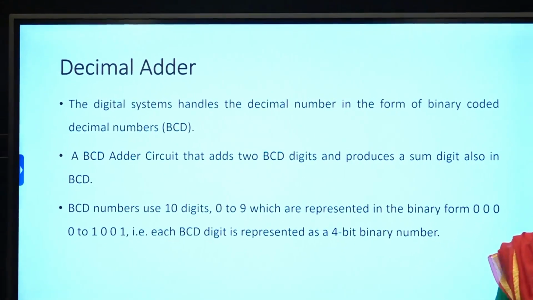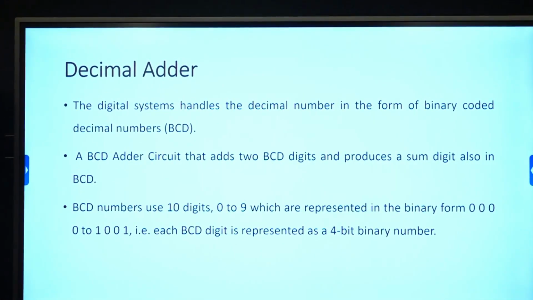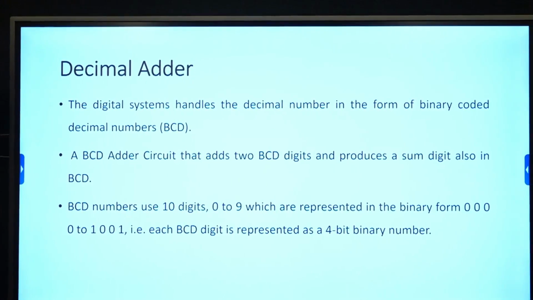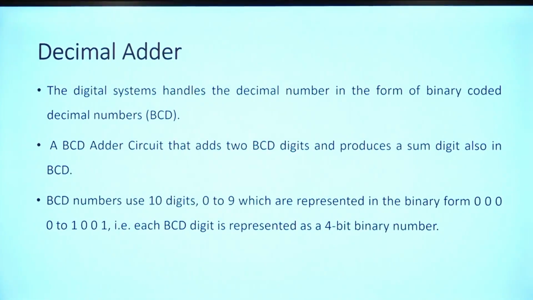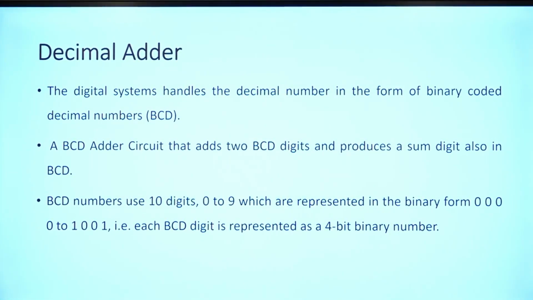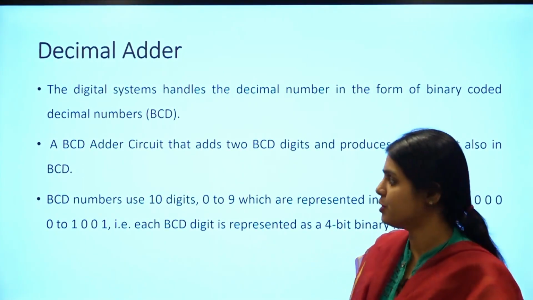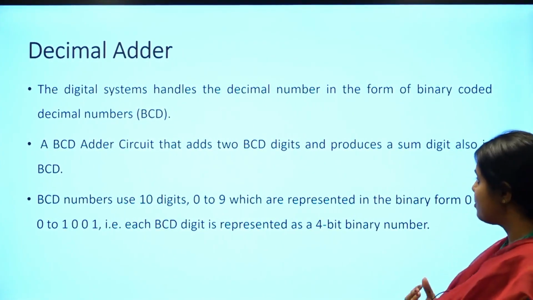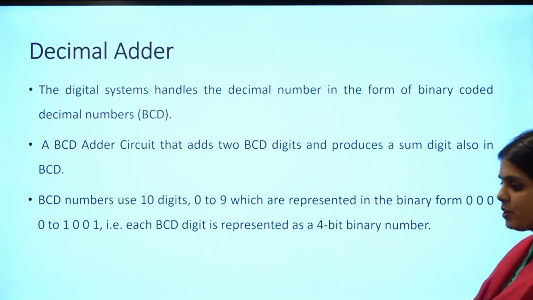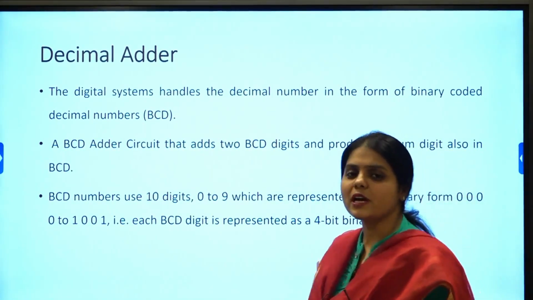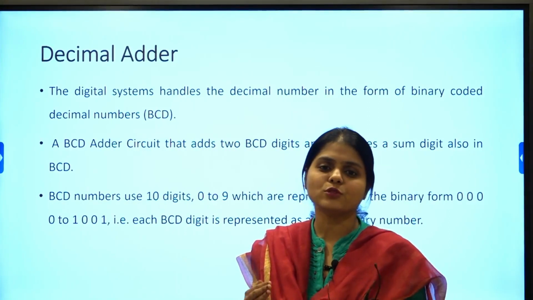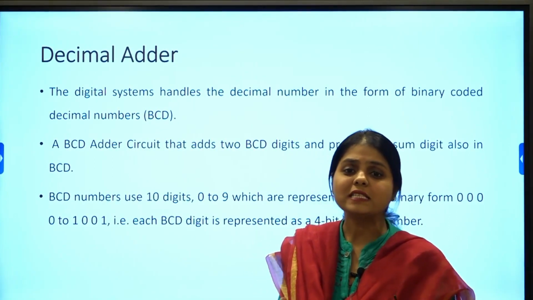Okay, so first let's get into what is a decimal adder. Usually when we handle additions in digital systems, we deal with decimal numbers. The decimal numbers are usually represented in the form of binary coded decimal, that is, BCD numbers. The BCD digits are from 0 to 9, which are represented from 0000 to 1001.